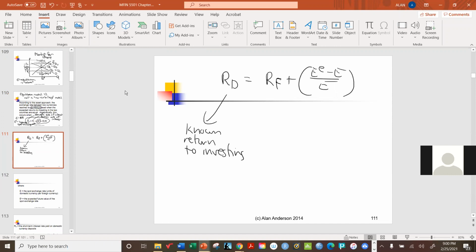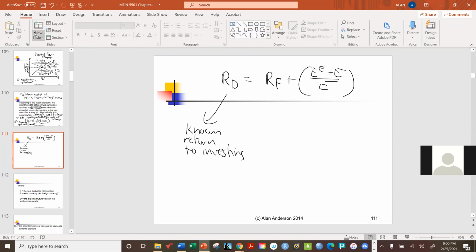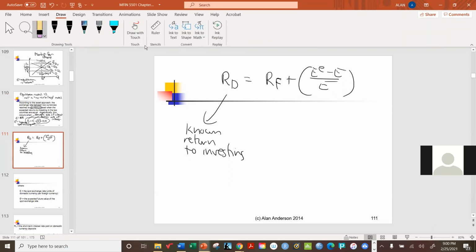Okay, by the way, let's change these symbols. If we're going to assume that this is dollars and pounds, let's replace that D with dollars and the F with pounds, just to remind ourselves that this is the dollar-pound exchange rate. And in addition to that, these exchange rates E are quoted as so many dollars per pound.